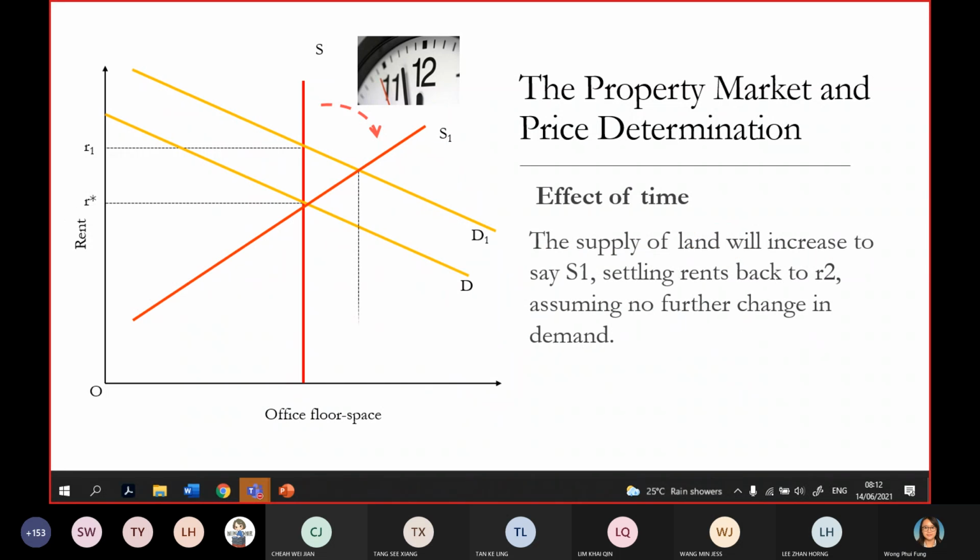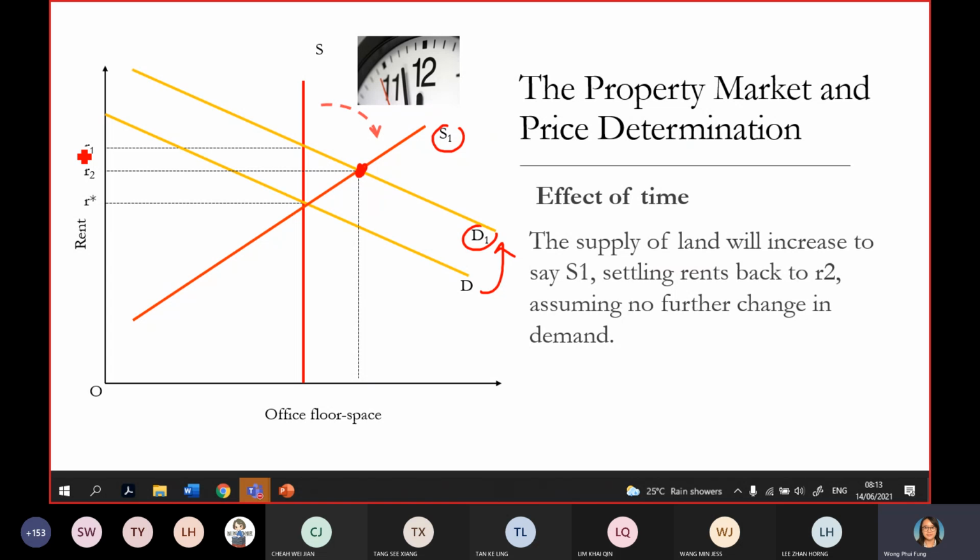So what happens when you see that supply slope to S1? This is S1. The supply of land will increase to S1, settling rent back to R2. So you can see when the demand increases to D1, supply also shifts to S1. You can see here that is the point.